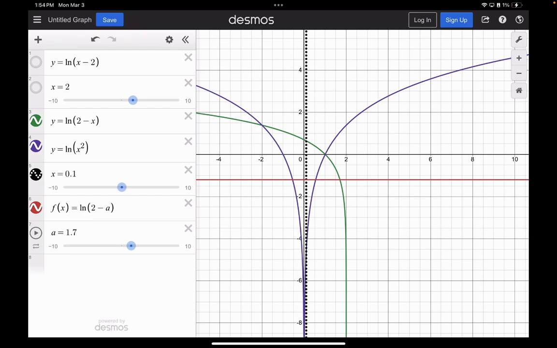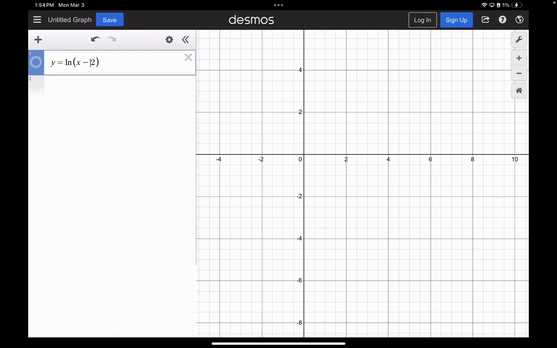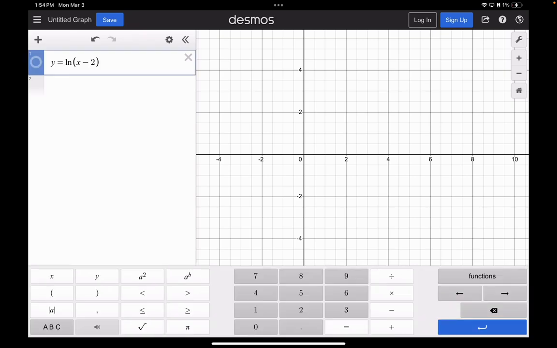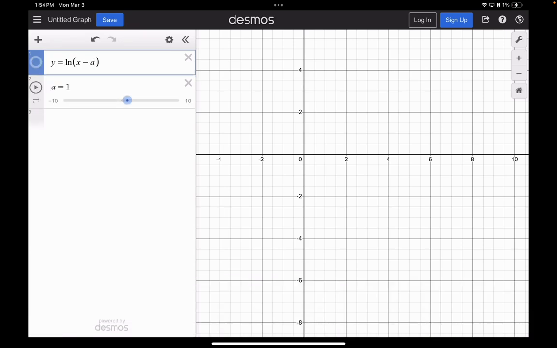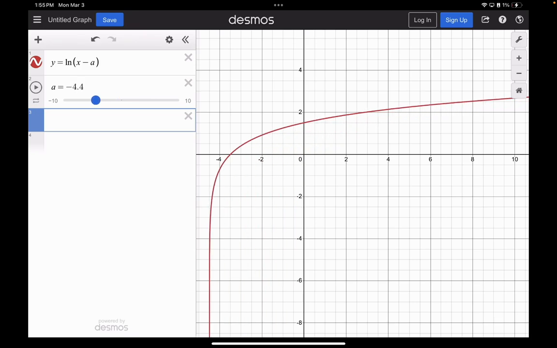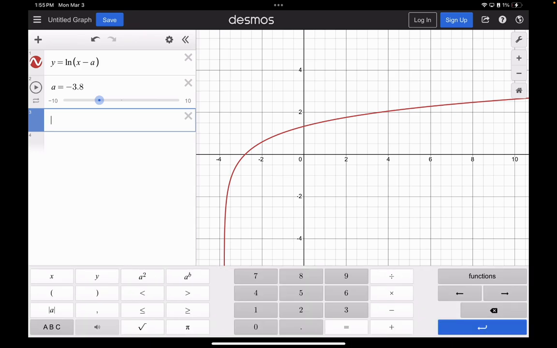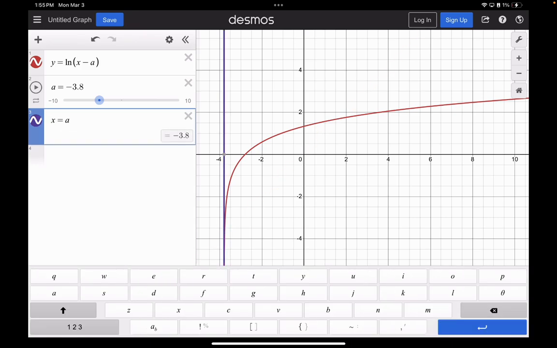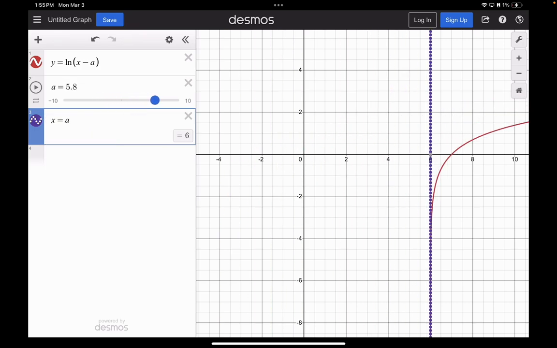That's not what I want. Let's do x minus a, that way I can go negative. It still has a vertical asymptote at a. So x equals a is my vertical asymptote, and it just follows along with whatever my value for a is. That's cool.